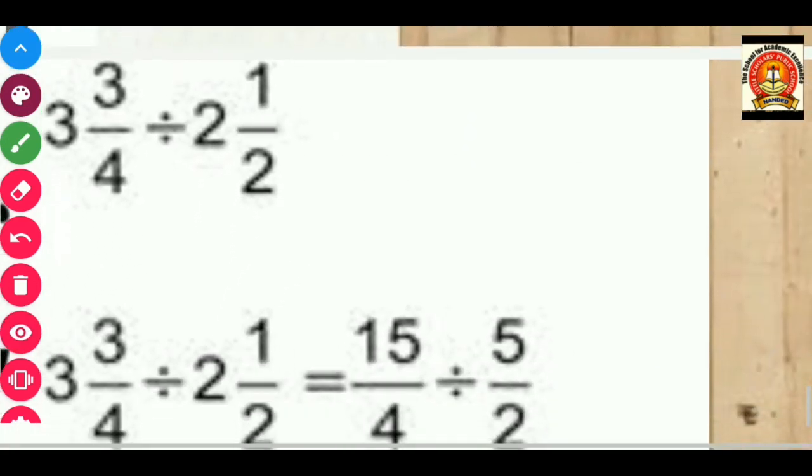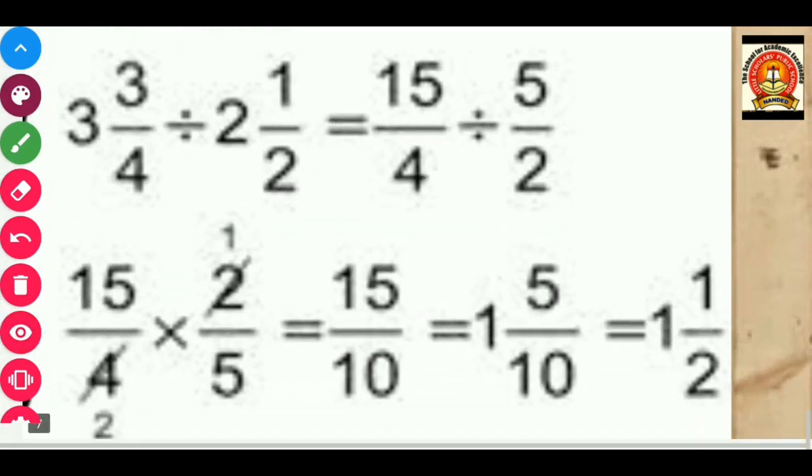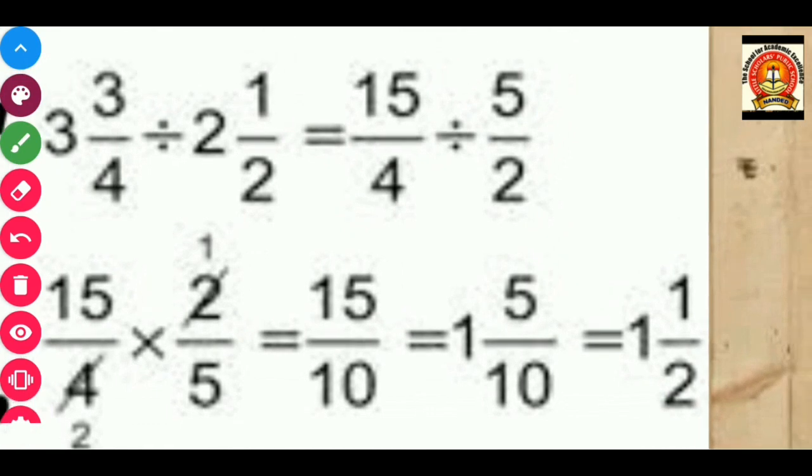One more example is there, friends. 3 3 by 4, you need to divide it by 2 1 by 2. So 3 3 by 4 is there, 4 3s are 12 plus 3, 15 upon 4, and then divided by 2 1 by 2, which is 5 upon 2. So you need to follow here the same steps. 15 by 4, you convert the division into multiplication, and 5 by 2 you will flip into 2 by 5.